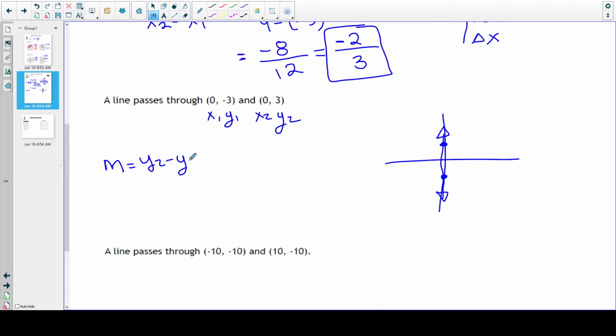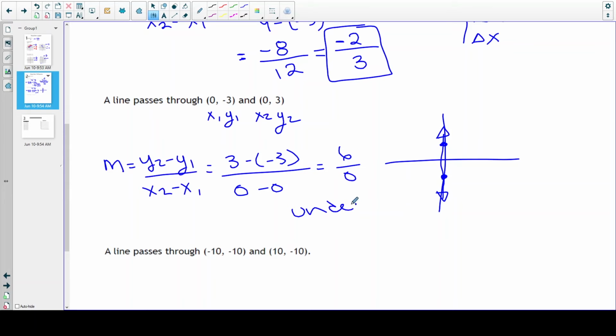y2 minus y1, starting off with my equation, which is 3 take away -3, all divided by 0 minus 0, which is just 6/0, so it's undefined.